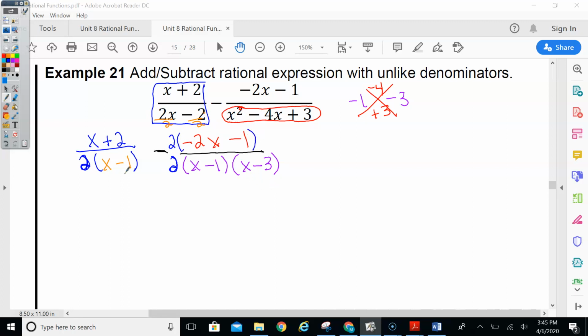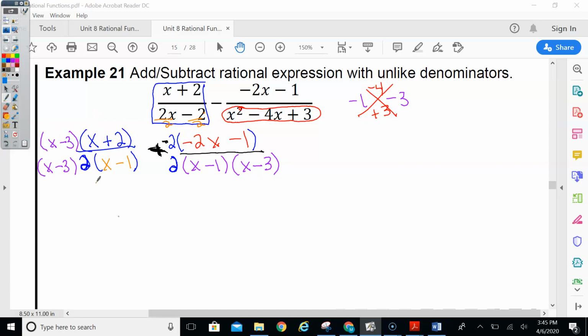So we're going to multiply it by 2, and again, the minus sign, I'm going to change to positive and make this a negative 2. When you're subtracting, it's the same thing as adding a negative. So then looking over here, it has a minus 1, but it doesn't have a minus 3. So I need to multiply this one by x minus 3, and multiply this one by x minus 3.